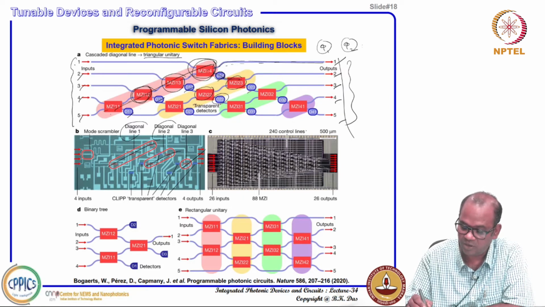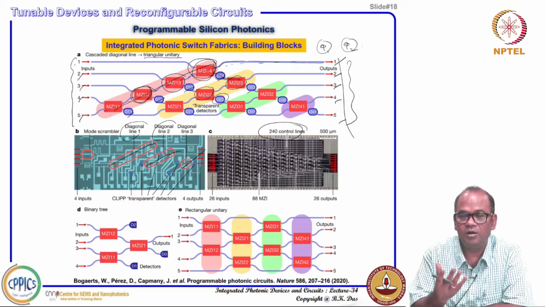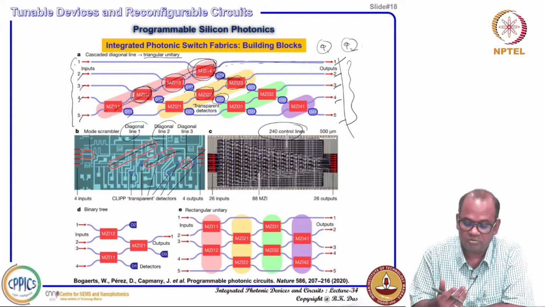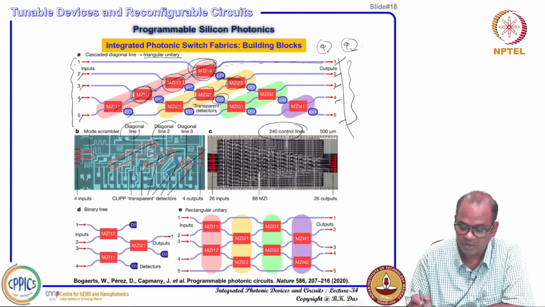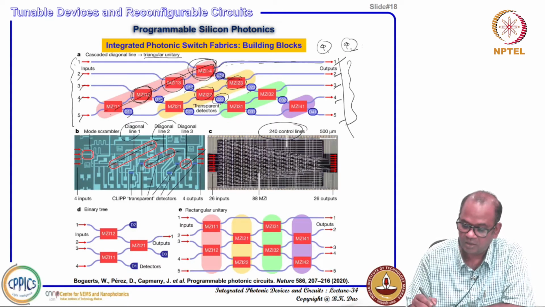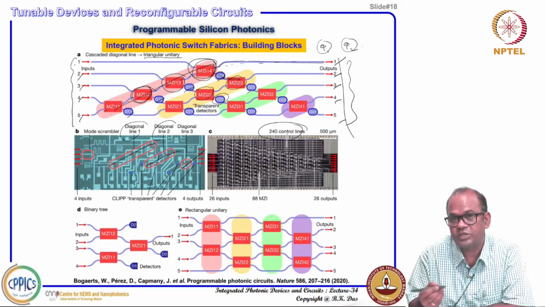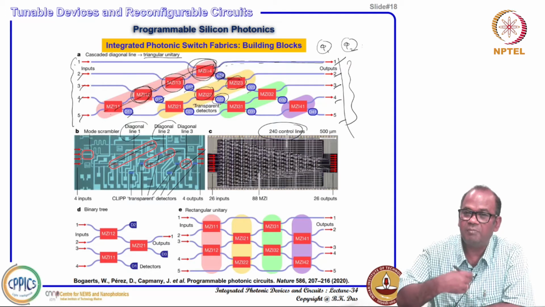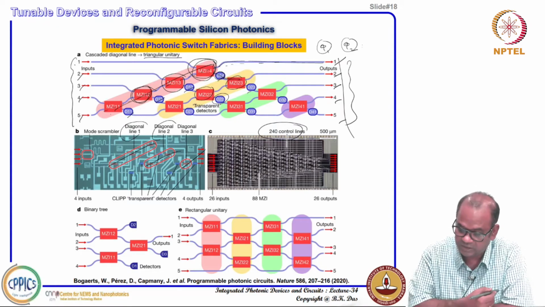And this is another one where there are 240 control lines, because multiple TBUs, tunable basic units or Mach-Zehnder interferometers, are cascaded to get a switch fabric, so that you can route your signal in different directions, and you can mix your signal for different applications also.